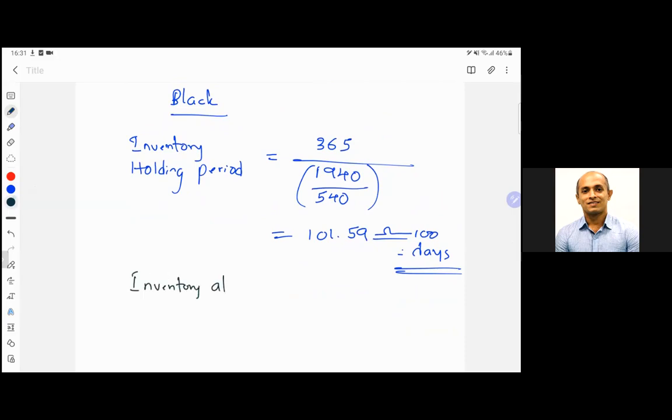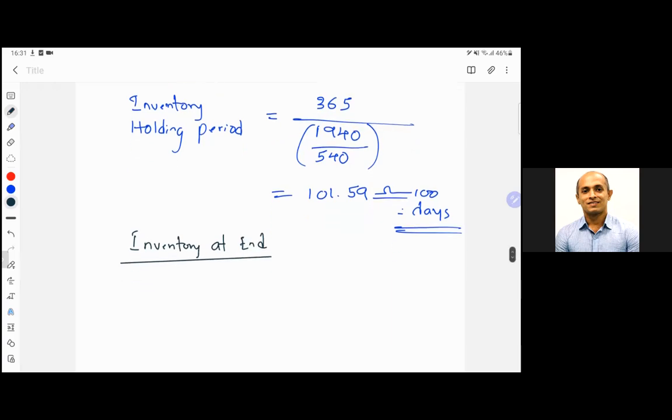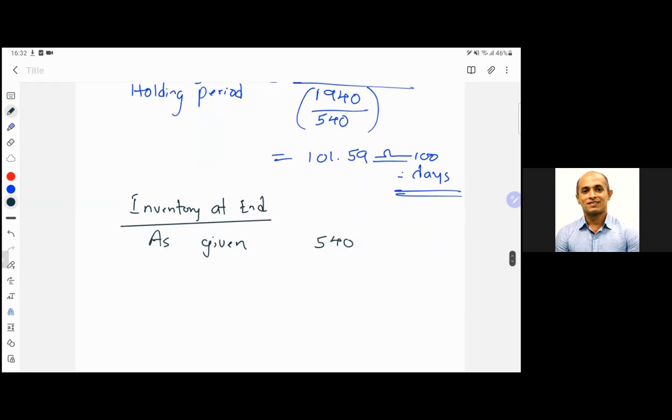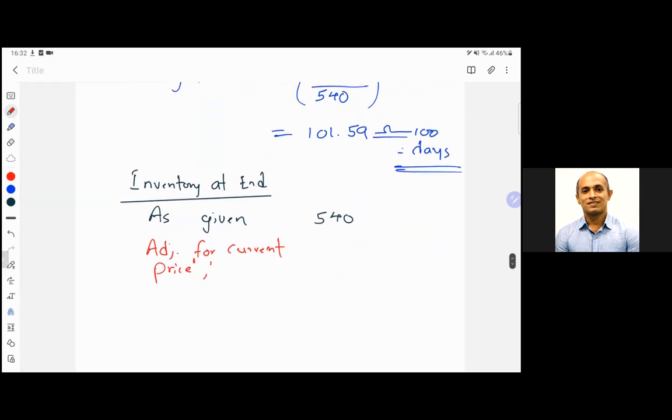Black inventory at the year end is given as 540. Then you make the adjustment for current prices.